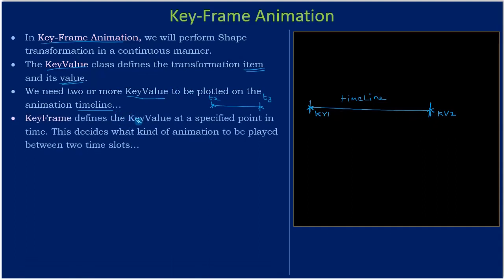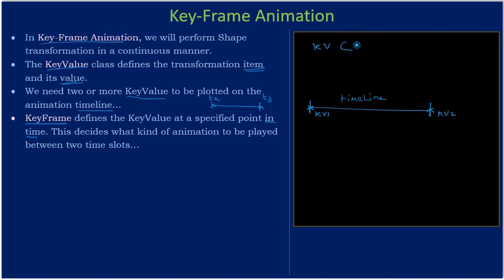Keyframe defines key value. So this is key value class, and keyframe defines the key value at the specified point in time. So when we talk about key value, it tells you what type of animation.